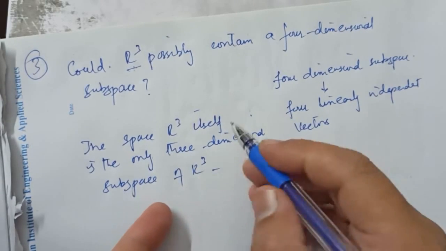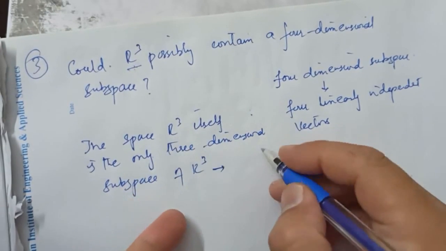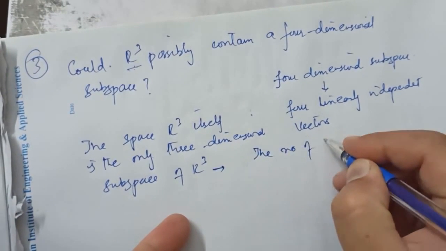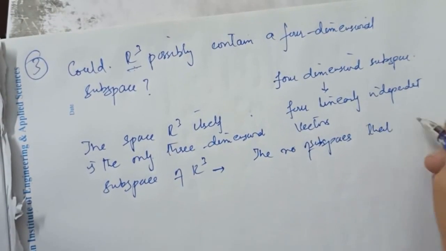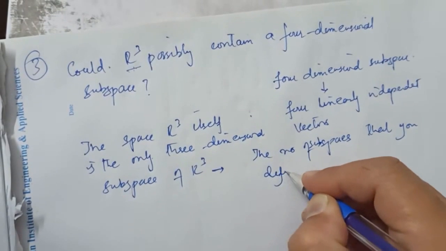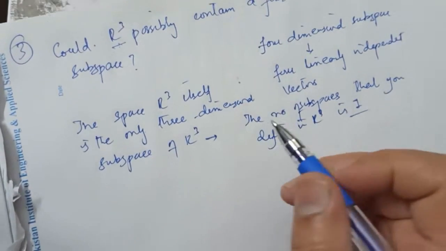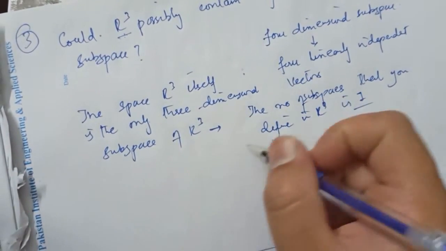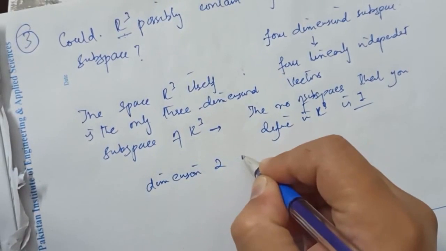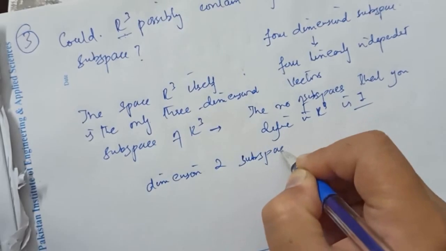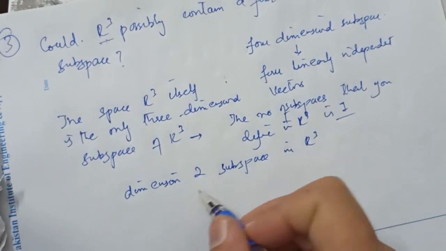So you can actually say that the number of three-dimensional subspaces that you can define in R cube is 1, right? But if you want to define a dimension 2 subspace in R cube, you can do that.